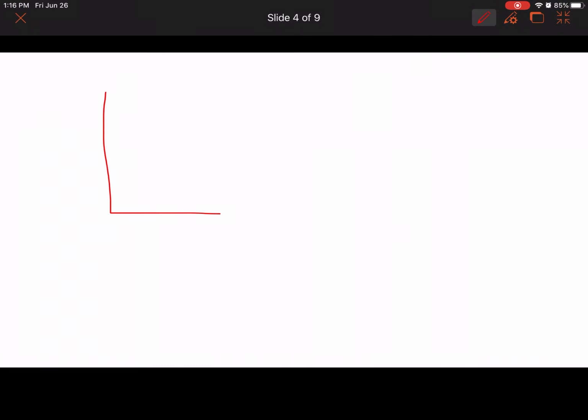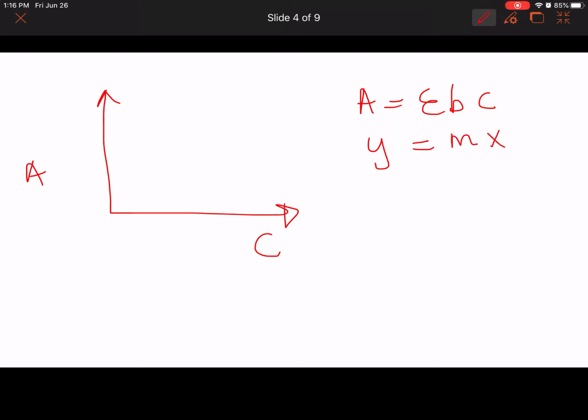If you draw a graph between concentration and absorbance, we are looking at a linear relationship. A equals epsilon b c, y equals mx. This linear relationship holds if the absorbance is less than 1. But as soon as it goes above 1, it deviates from the linear relationship. Because of that, we want to keep all our absorbances less than 1 to use Beer's law.